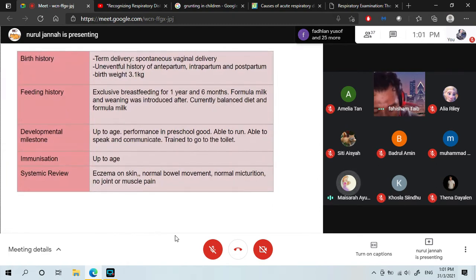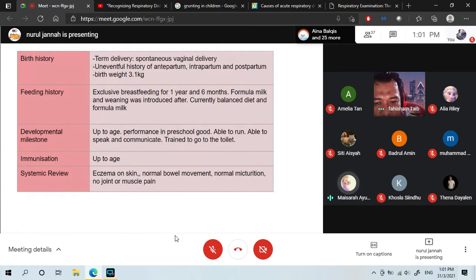He was delivered at term with spontaneous vaginal delivery, and the antepartum, intrapartum, and postpartum periods were uneventful, and the birth weight was 3.1 kilograms. For the feeding history, he was exclusively breastfed for 1 year and 6 months, followed by formula milk, and weaning was introduced after.